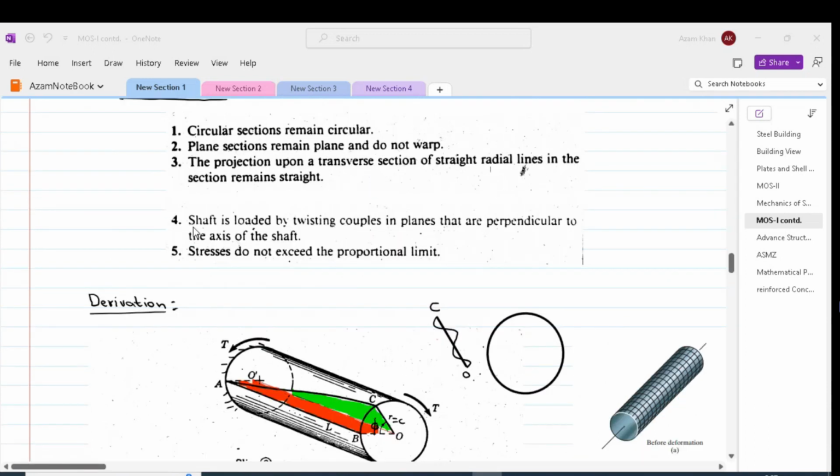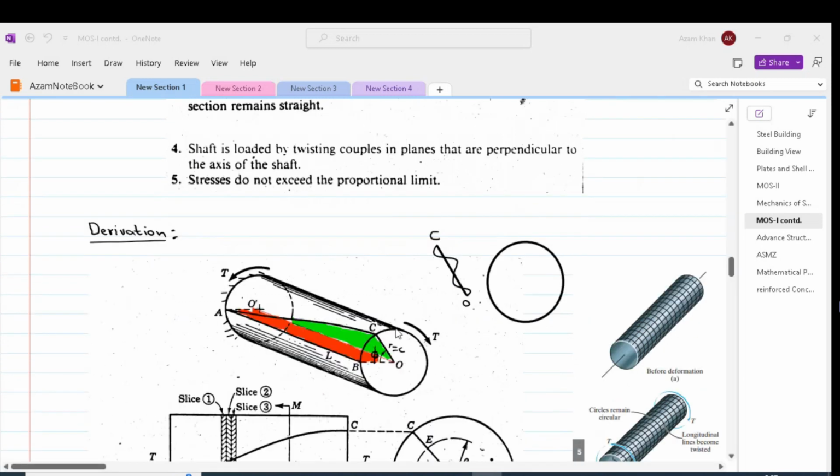Assumption number 4 states that the shaft is loaded by twisting couples in planes that are perpendicular to the axis of the shaft. So we have an applied torque at the cross section O, and as a result of this applied torque, we would have an opposite torque developing, or we can say a resisting torque developing at the cross section O prime.